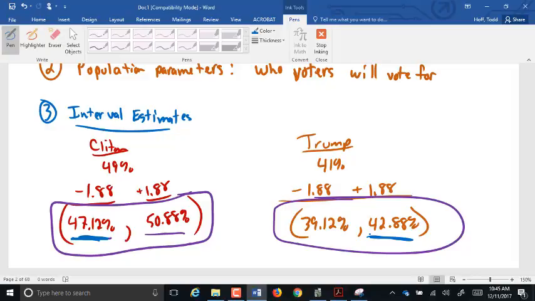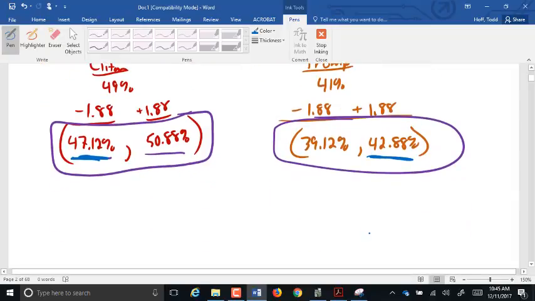Yeah, since the two intervals don't overlap, what this is saying is based on this survey, at 95% confidence, Clinton should win.